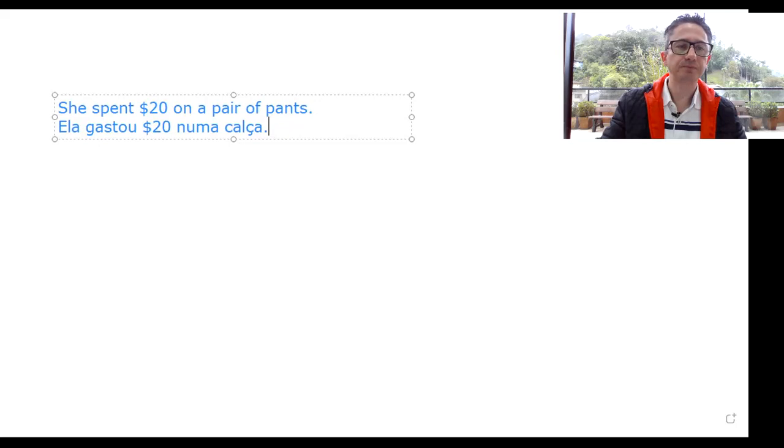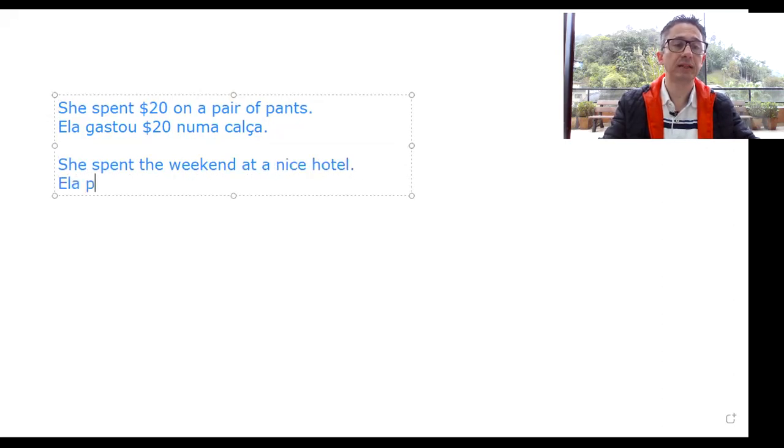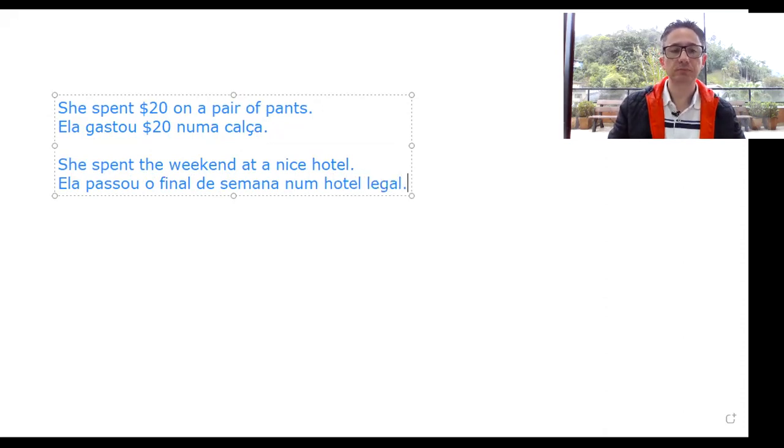All right, now, but I could use it like, she spent the weekend at a nice hotel. Ela passou o final de semana num hotel legal. Okay? So, she spent the weekend at a nice hotel.